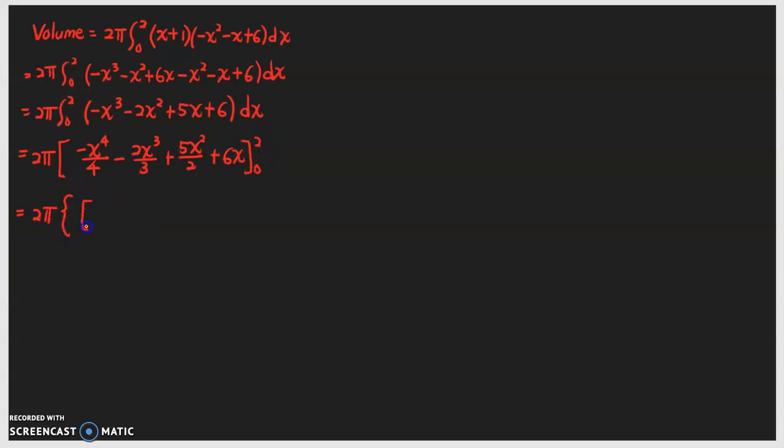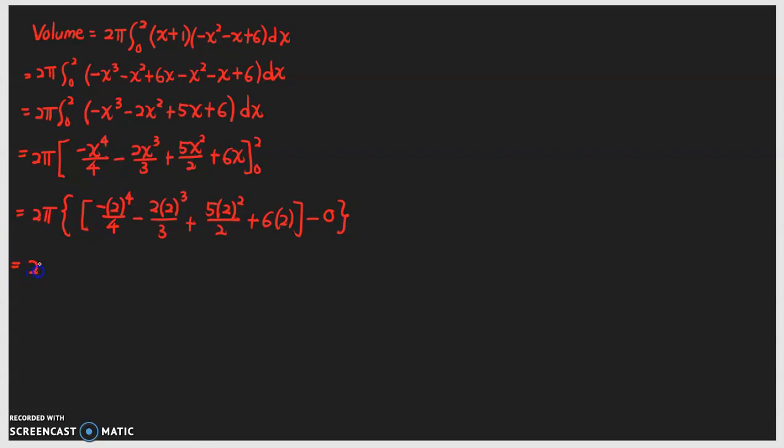So from here, I should have negative 2 to the power of 4 over 4 minus 2 times 2 to the power of 3 over 3 plus 5 times 2 to the power of 2 over 2 plus 6 times 2, minus, when I substitute 0, I will get 0.